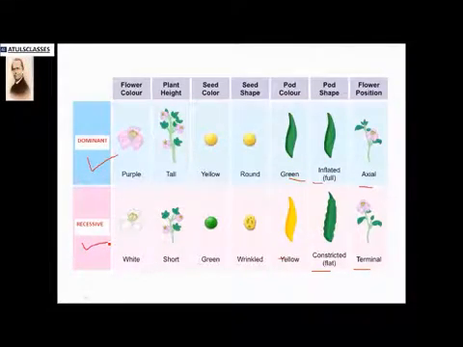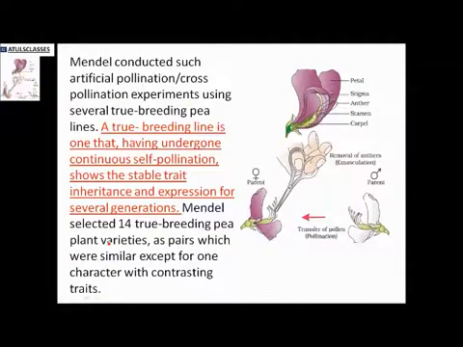Then he did his hybridization experiments because the flower's structure is very easy to work with: the anthers can easily be removed or emasculated, and the pollen is easy to transfer from the male part to the female part.